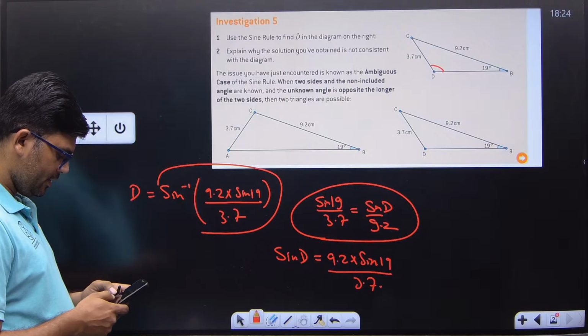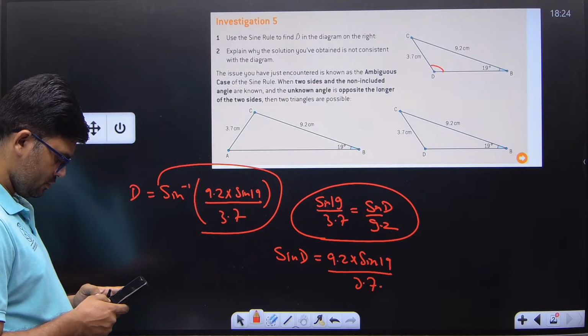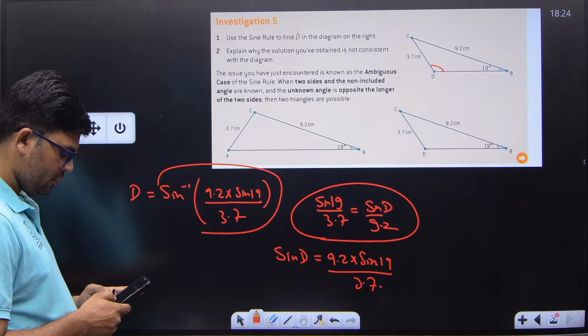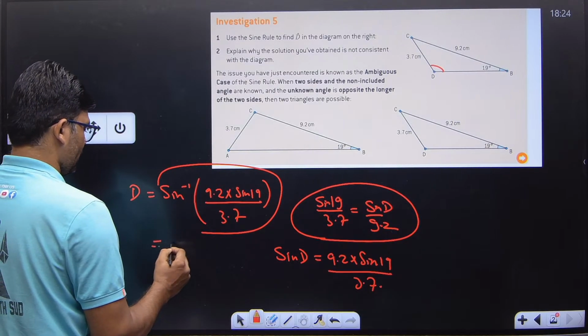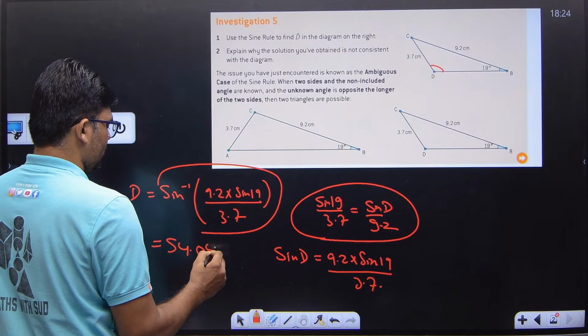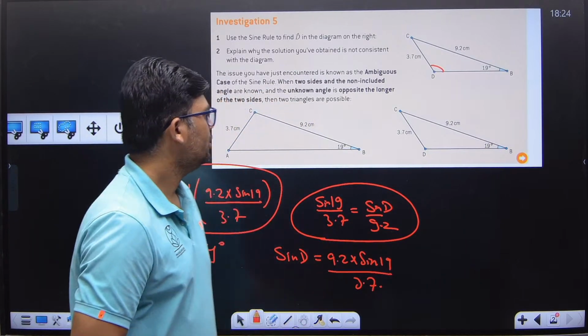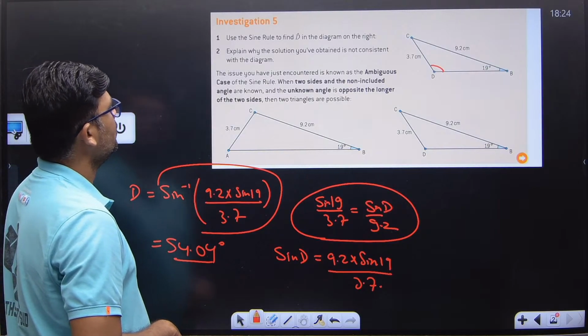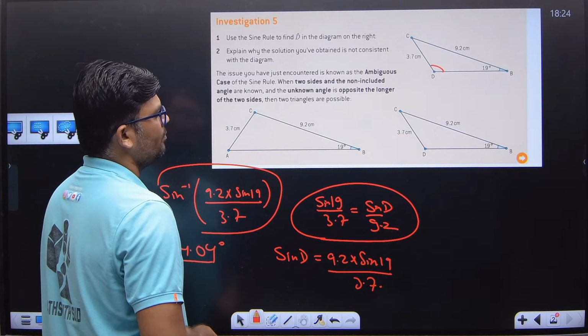So I have to find the inverse. I'm getting 54.04. Yeah, that's what I got. Tell me, did you also get it, Srimoy? Yes. Okay. Explain why the solution you obtained is not consistent with the diagram.